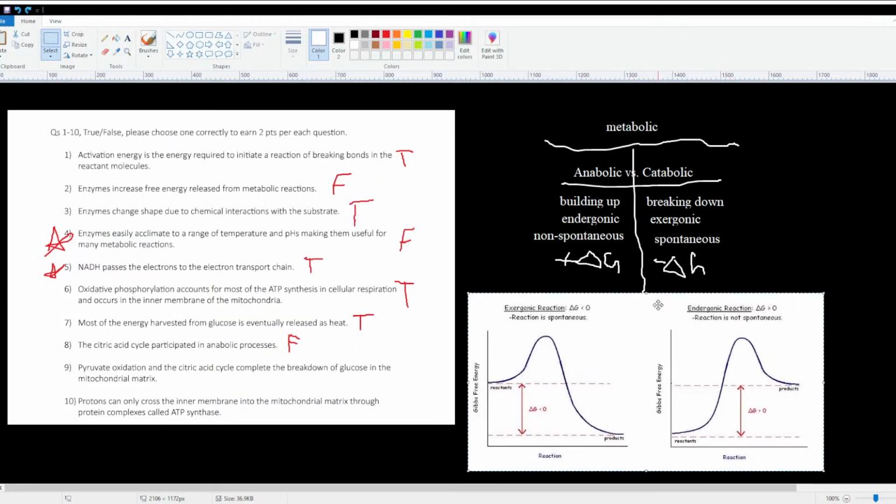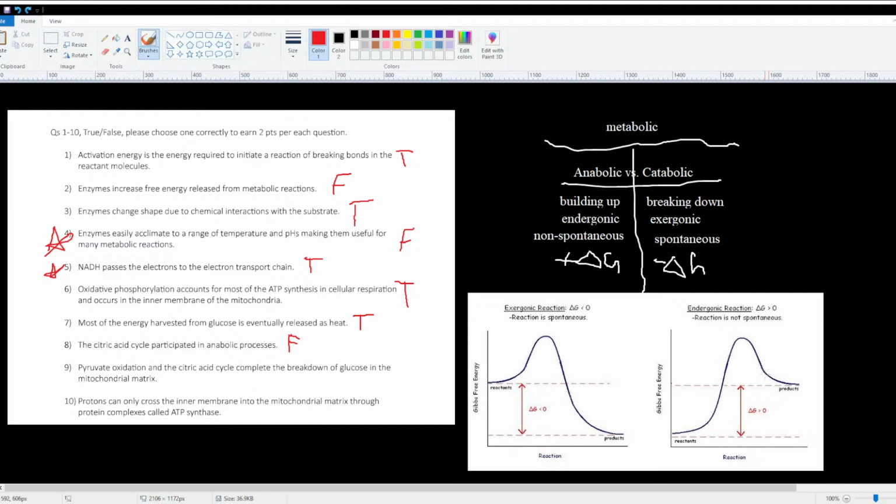Here we have exergonic versus endergonic, where endergonic is, of course, delta G positive, and exergonic is delta G negative. So these are kind of reversed. But look at these graphs. Here on this side, we're ending up with less energy than what we started with. Here on this side, we're ending up with more.